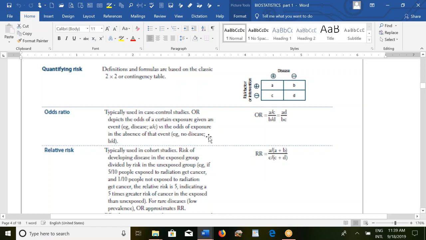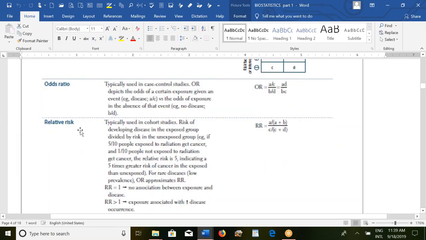How do we calculate it? In the exposed and unexposed groups there is a way of calculating that, but in the exam they will not ask you to calculate, they will just ask you the definition and in which type of studies you are using it. So you are using odds ratio in case control studies.